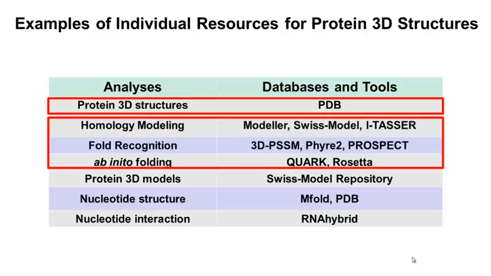The most accurate predictions can be obtained when there is another protein with similar sequence whose structure is known. Examples of this type of homology modeling methods include Modeller, SWISS-MODEL, I-TASSER, and so on. Sometimes, even though it is not possible to find another protein that has high sequence similarity to your protein of interest, you can still use all the known structures as templates and thread your protein on top of the structures and calculate the energy function to find the best fit.